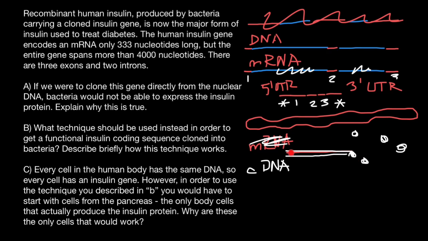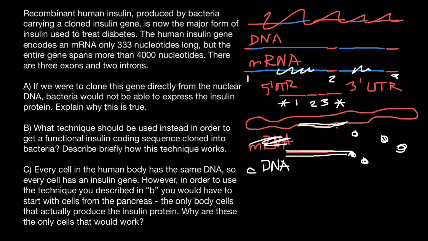And then this fragment would be inserted in the bacterial genome. So let's show it here. It would be inserted here, double-stranded DNA, and the bacterial genome is also double-stranded DNA. But now it can be expressed and the correct protein can be formed.